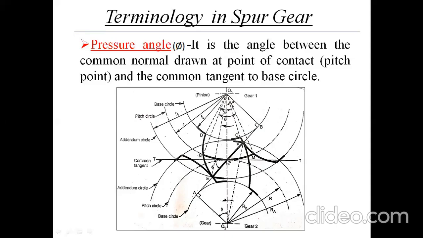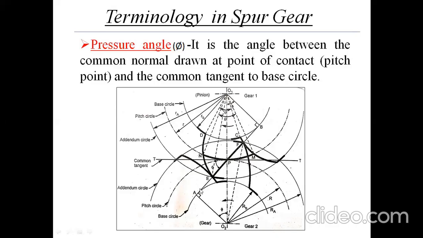So P is the common tangent point, and the line passing through that tangent point is the common normal line. TT is the common normal line, and second is the common tangent to the base circle. This is the base circle of the pinion, and this is the base circle of the gear. So line AB is the common tangent to the base circle.